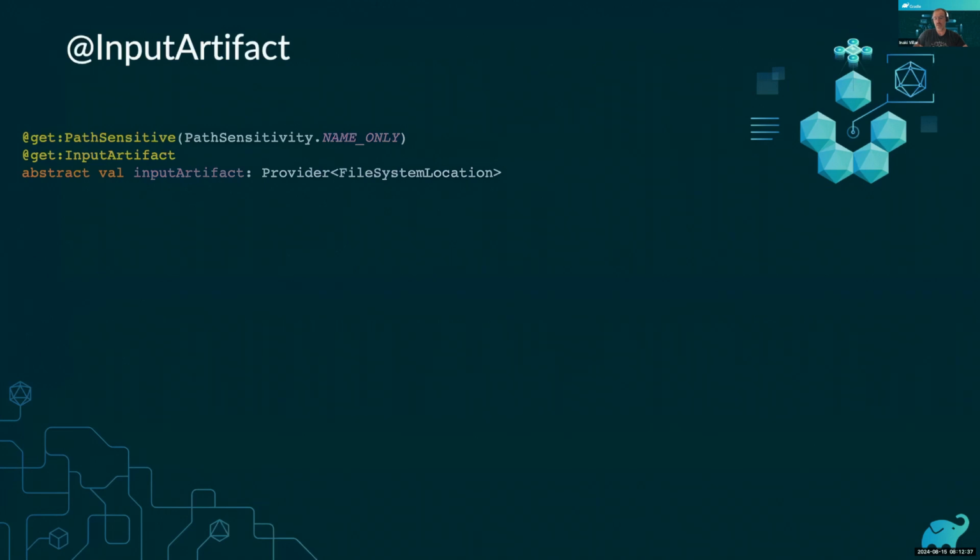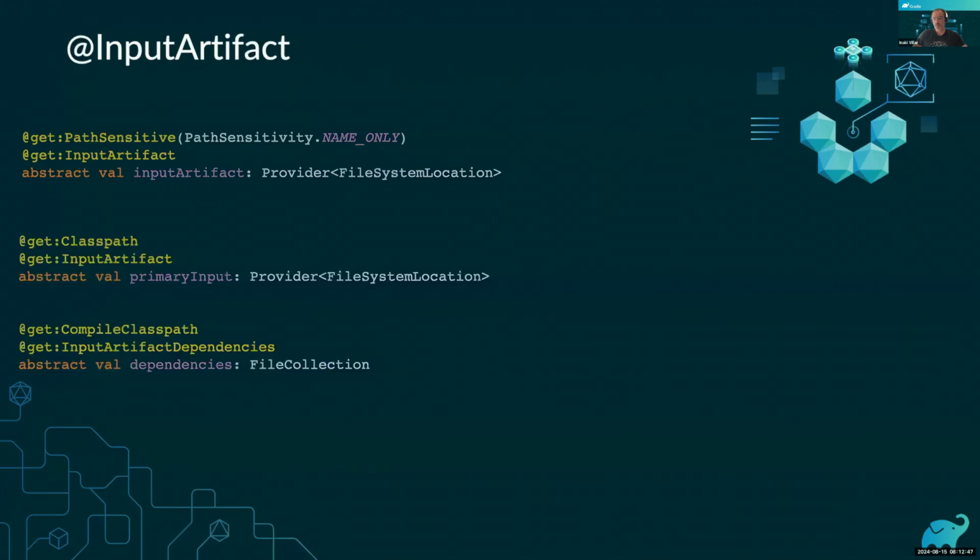If we want to make the transformation type cacheable, we need to use a normalization annotation such as PathSensitivity. Remember that the input artifact is a dependency, which may have its own dependencies. If your artifact transform needs access to those transitive dependencies, it can declare a file collection and annotate it with InputArtifactDependencies.